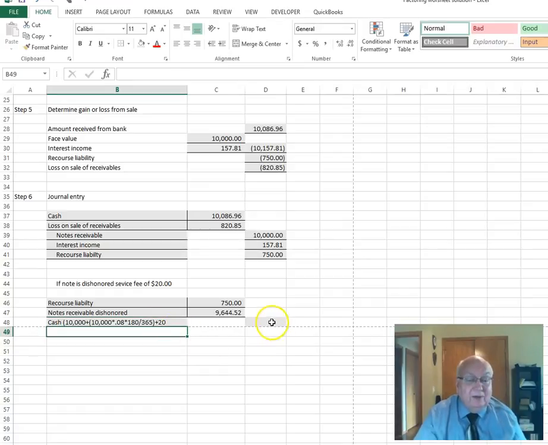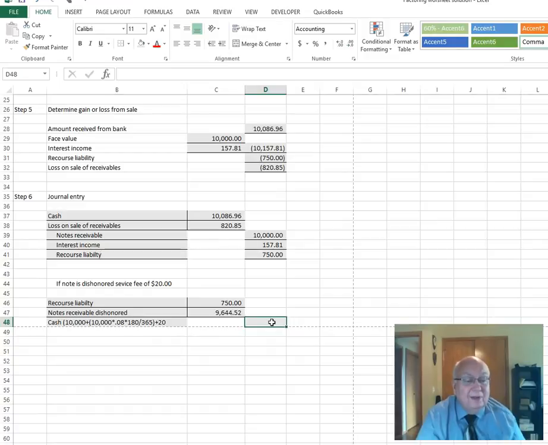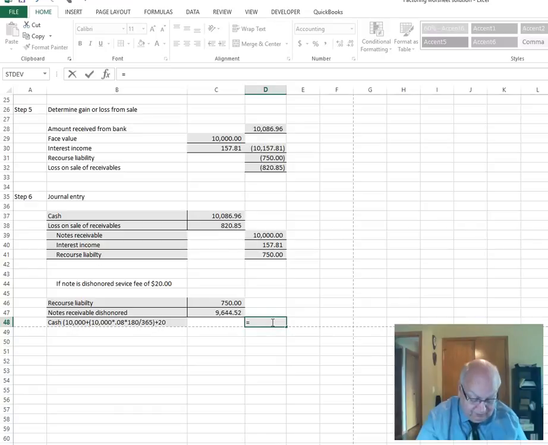Basically, it's the maturity value plus the $20. Those two added up is what you have.